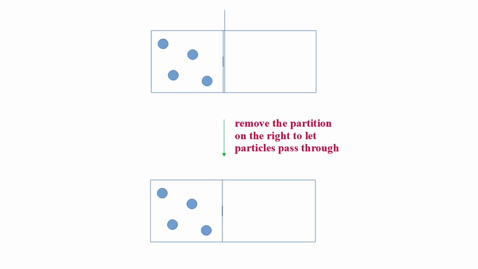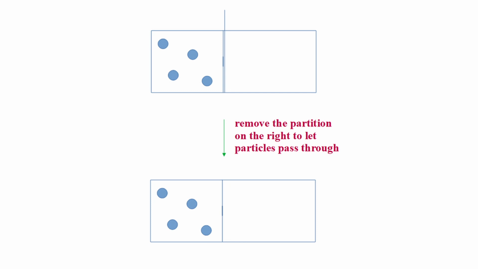Now, let us say we remove the partition on the right so that the hole on the left partition is no longer blocked and one particle at a time can pass through to the right compartment from the left.